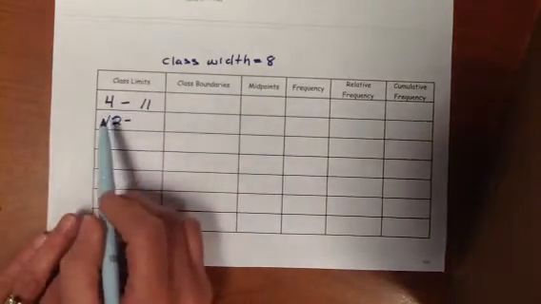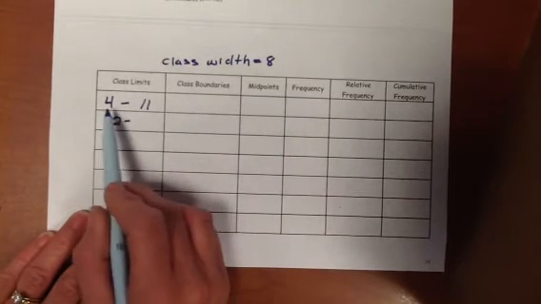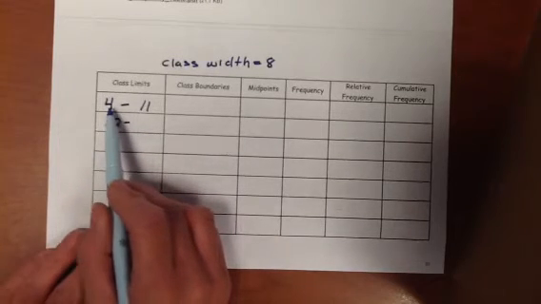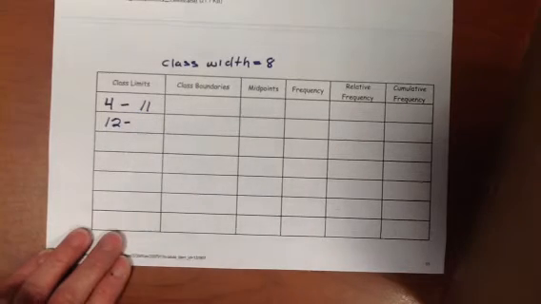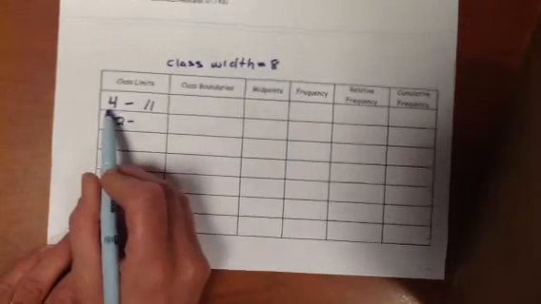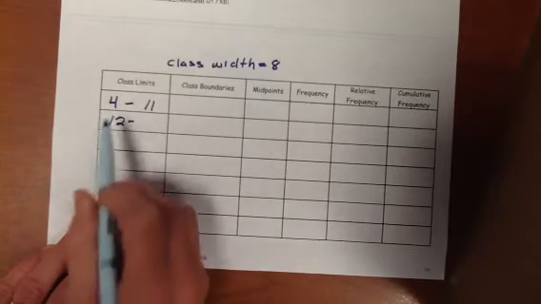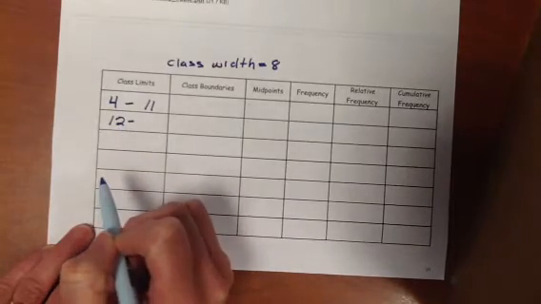So for the first class, we're going to count in our frequency in a minute how many people in our class live between 4 miles and 11 miles of campus. Now again, we started the class limit with the smallest value in our list, and we added the class width to get the lower limit of the second class.